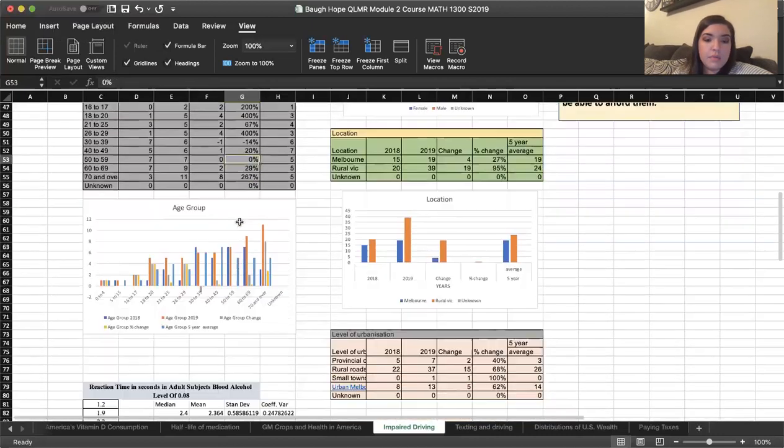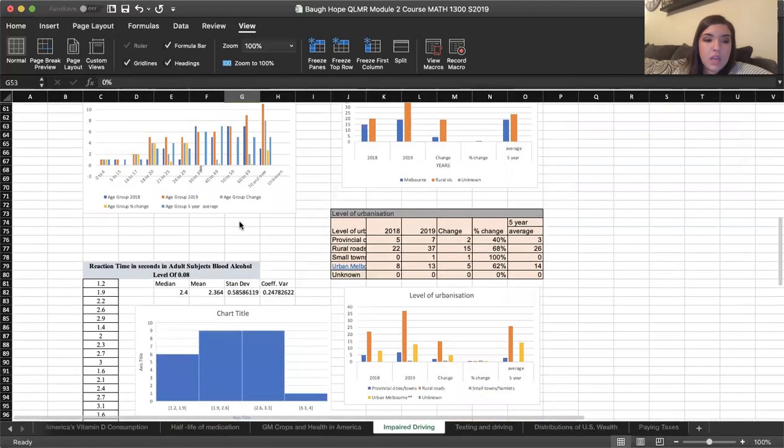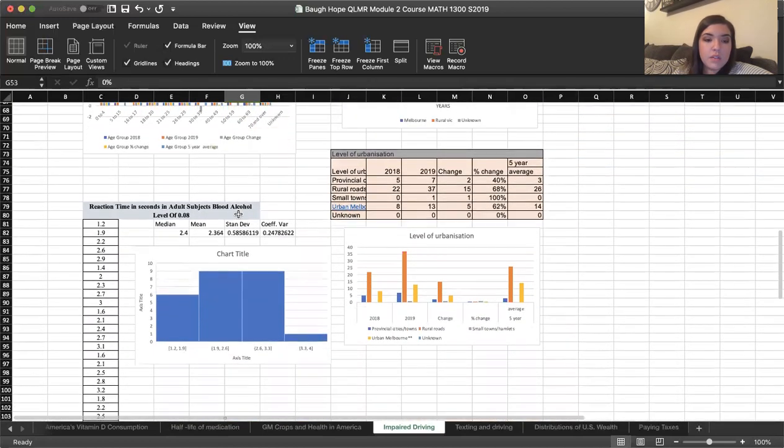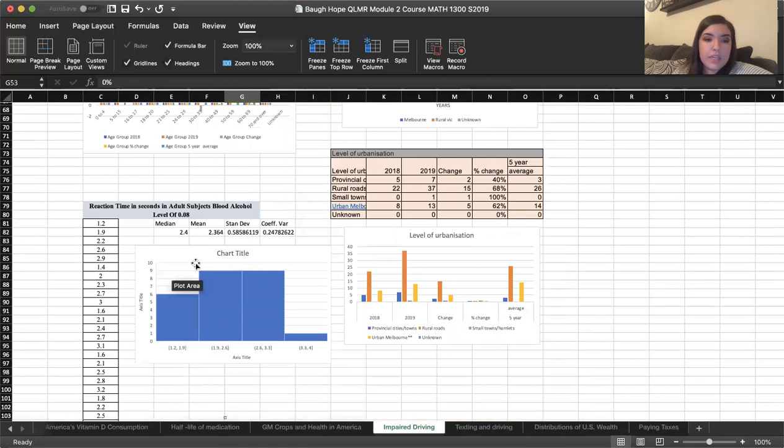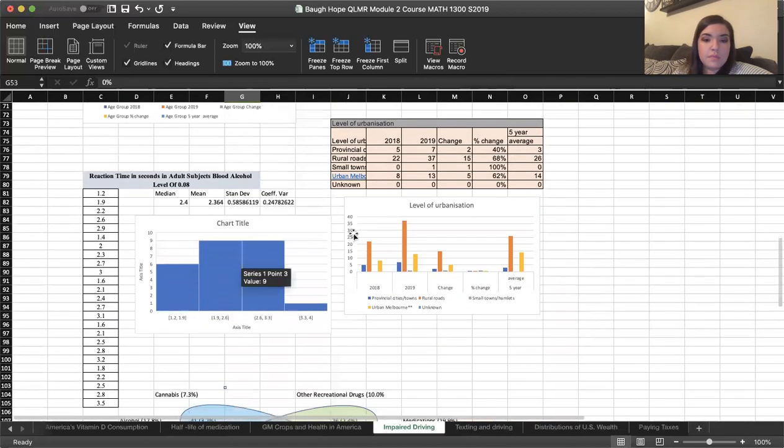And then we'll scroll down. So the blood alcohol here, it's quite staggering that the median is 2.4, and the mean is 2.36. So basically the same.